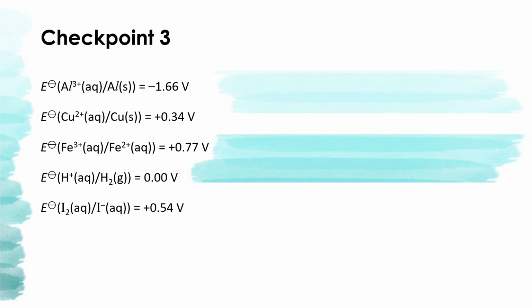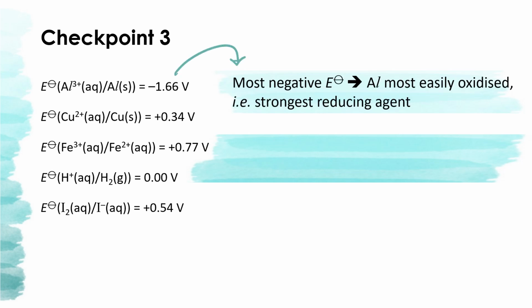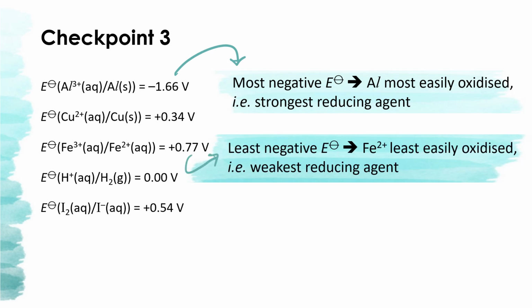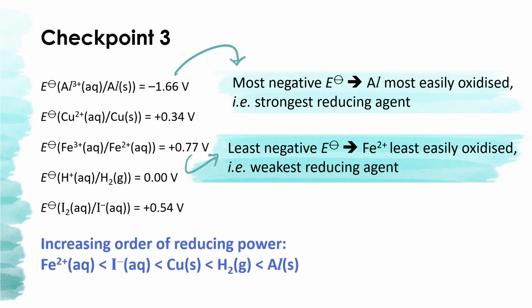If I want a strong reducing agent, I would like the standard electrode potential to be as negative as possible. So minus 1.66, the least negative one, which also means the most positive one, will be the weakest reducing agent. And finally, that will be the order.